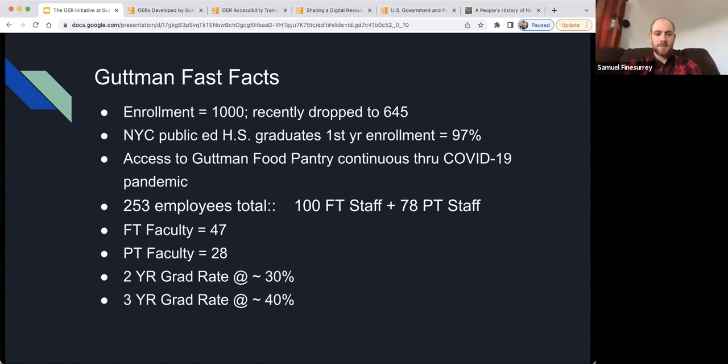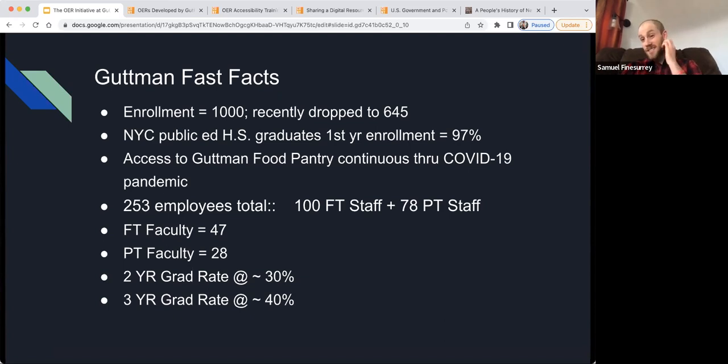Again, we try to meet students with their obstacles outside of school as well. There's a food pantry at Gutman that continuously served students throughout the COVID-19 pandemic. Again, talking about our size, we are 253 total employees. There's about 100 full-time staff, 78 part-time staff.